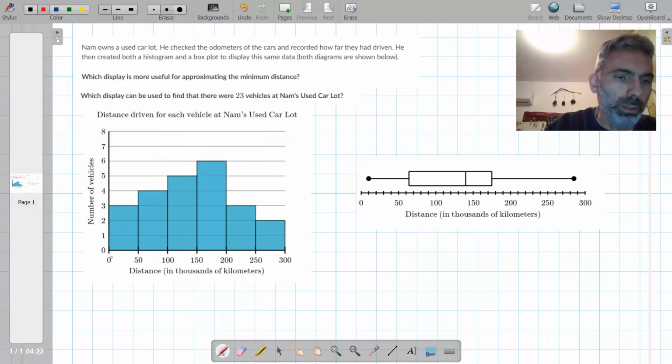It could be 0, it could be 10, it could be 20. We don't know exactly the minimum value of this group here. We know that there are 3 cars that drove between 0 and 50, but we don't know the exact minimum value.